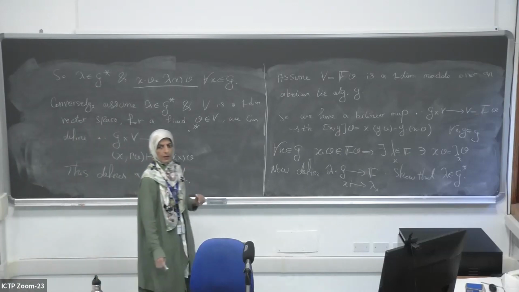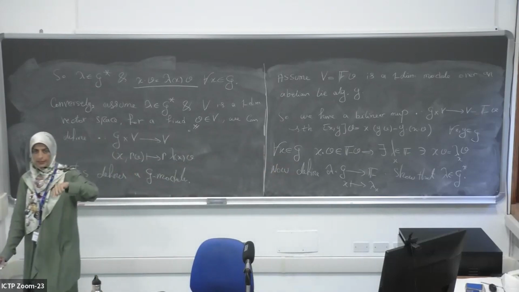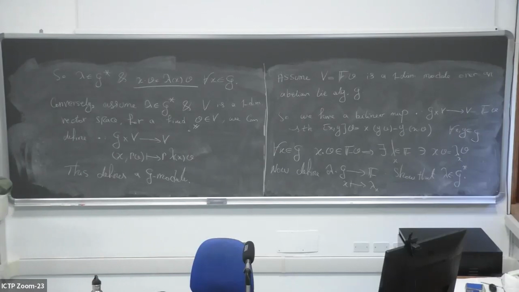Okay? If we have a one-dimensional module, then we get a functional. And if we have a functional, we can get a module, a one-dimensional module. So when we say that we have an abelian Lie algebra, just be careful that the Lie algebra should be abelian.